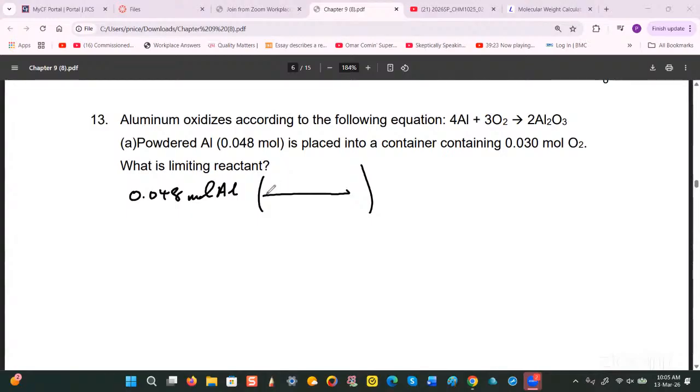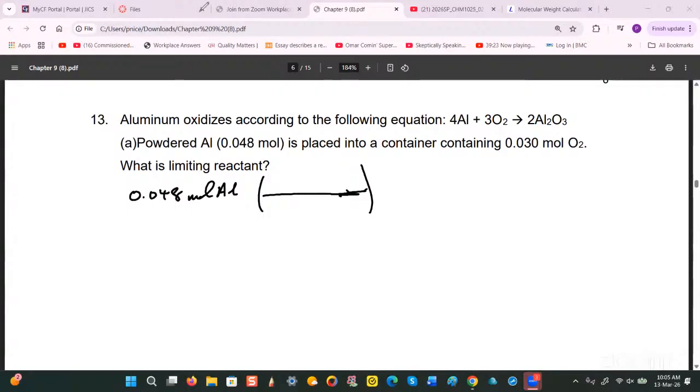Well, if you remember what we did in the previous example, I start off with one of the reactants and try to find out how much product you expect to get based on that reactant. So how would you do that? What would be the setup here? What would go up top as a numerator and what would go down here as a denominator?